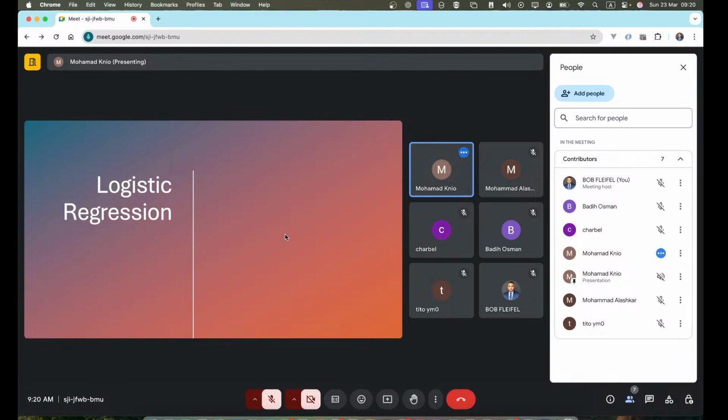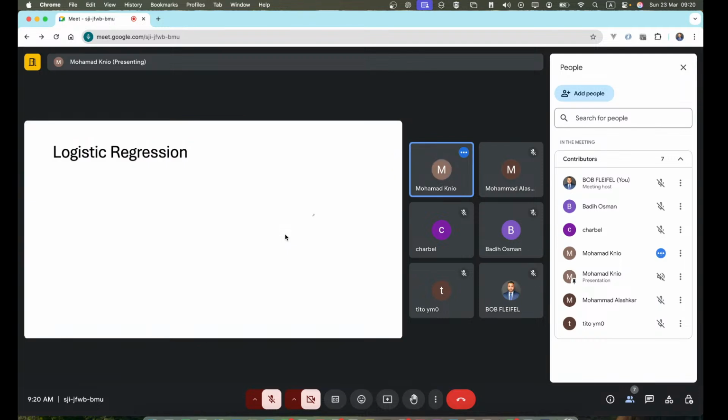Logistic regression basically gives you an input feature x corresponding to an image. So let's say we have a given x, and you want to predict y hat. Essentially, y hat is an estimator of y.